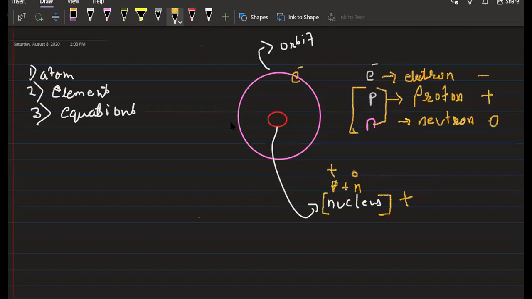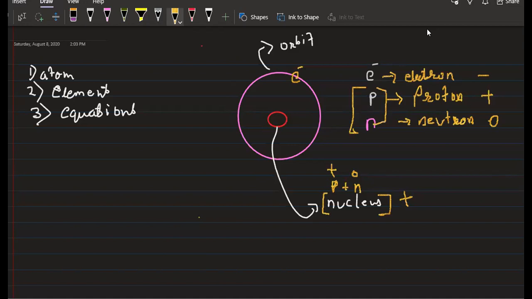Now just think about this. Every particle, be it your screen or your hand, eyes, what we eat, what we see, everything is made up of atoms. Yes or no? Now my question is, are all atoms the same?